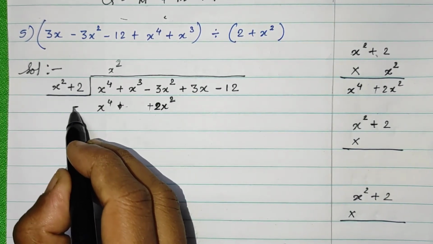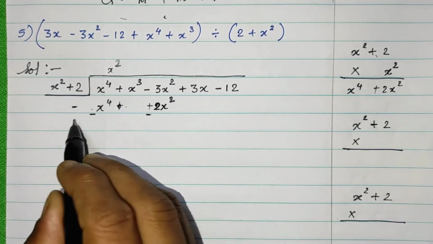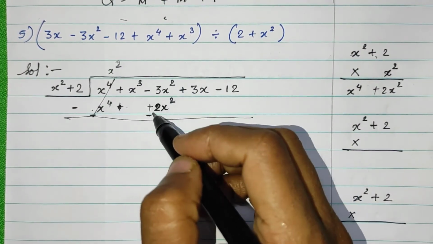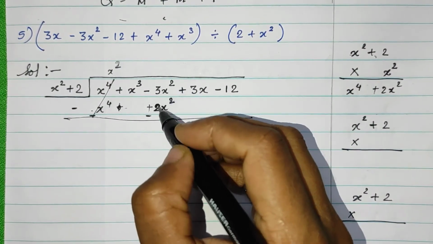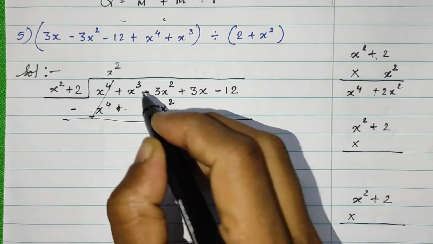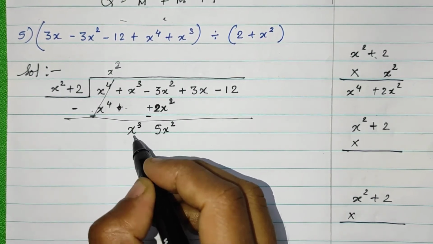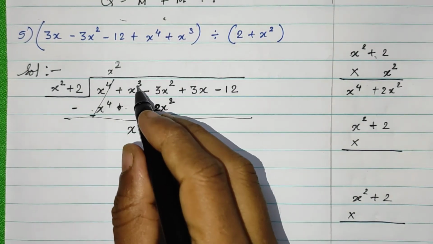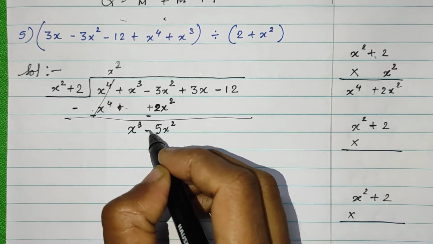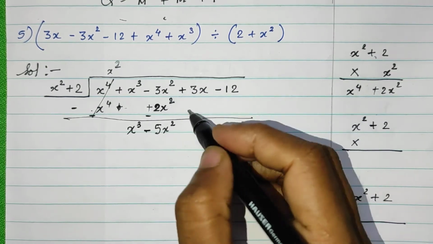Now minus into plus minus, minus into plus minus. So this will get cancelled and minus minus plus. 3 plus 2, 5. 5x square. So this cube will come in bottom x square. We'll take it down in bottom. And here, since the greater number was minus, so we will take minus.